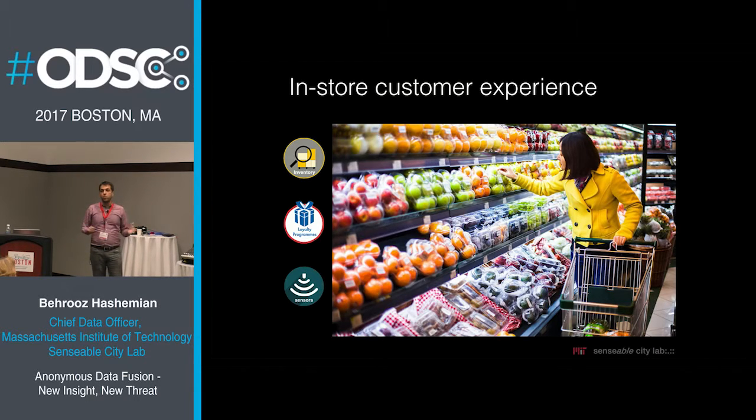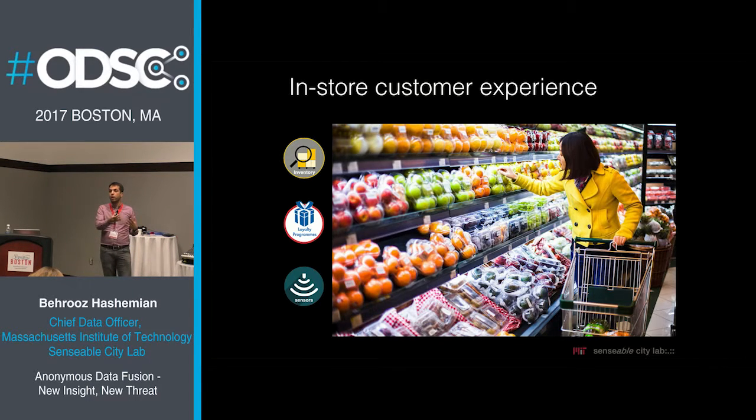Using some sensors in the aisles, they know that, for example, some people are spending time in front of one shelf but purchasing nothing. So what's going on here?